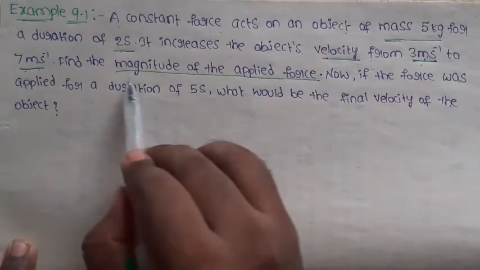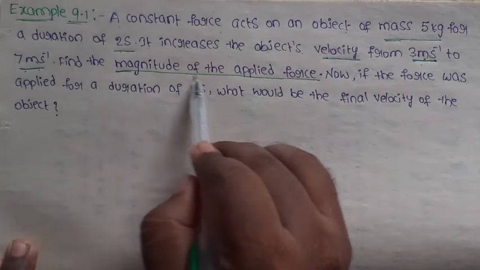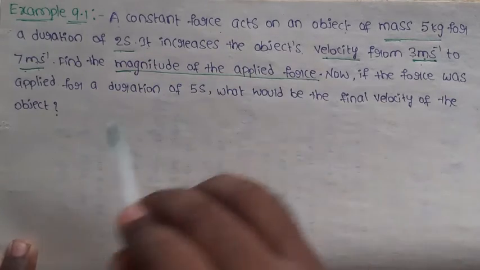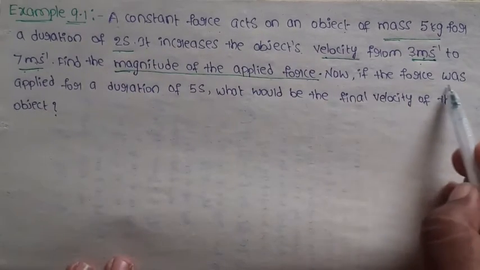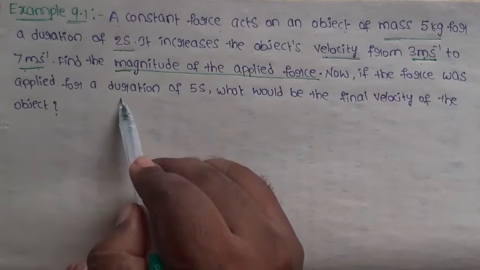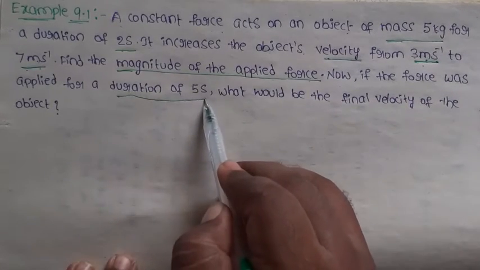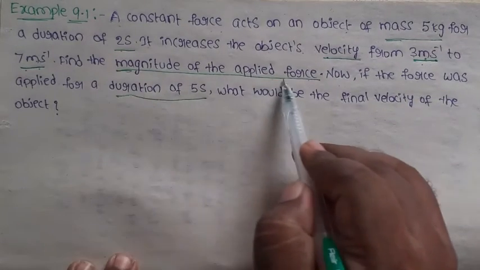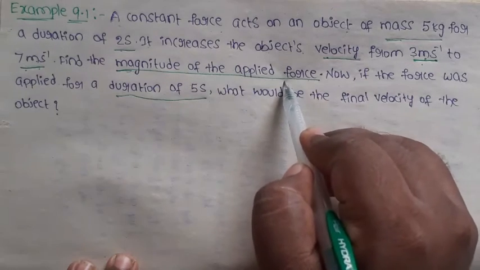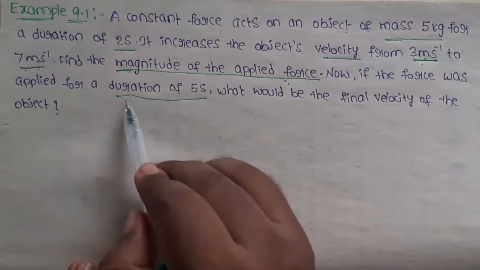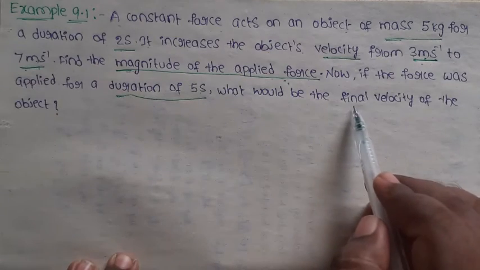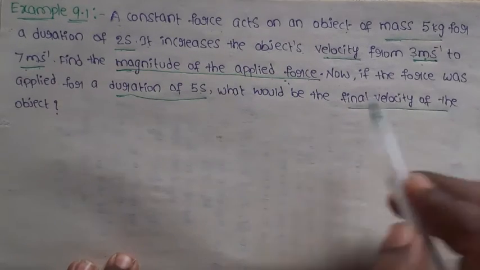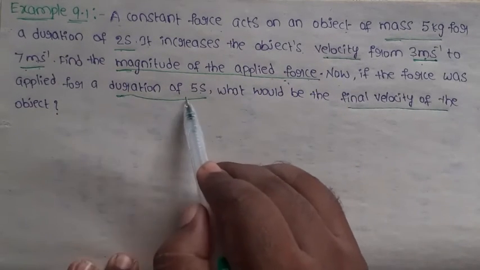First, we calculate the magnitude of the applied force. Next, if the force was applied for a duration of 5 seconds, what would be the final velocity of the object? Here the time will be increased.